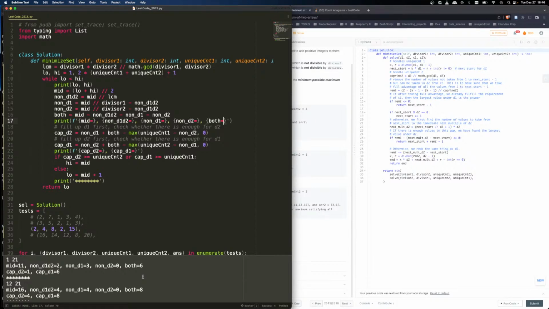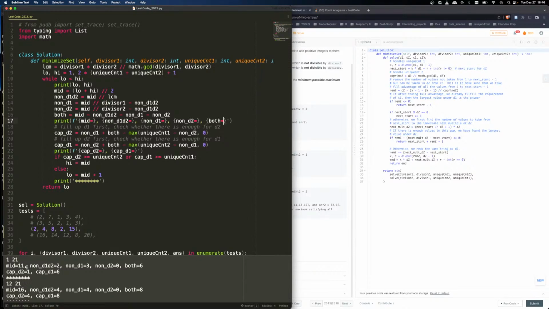So we need to take all of them from both. And both we only have 6, right? I have 6 from both, and we need 8. So this will be a -2, right? So for D2, non D2 will be 3. So the capacity is 1. Now that's not gonna work.